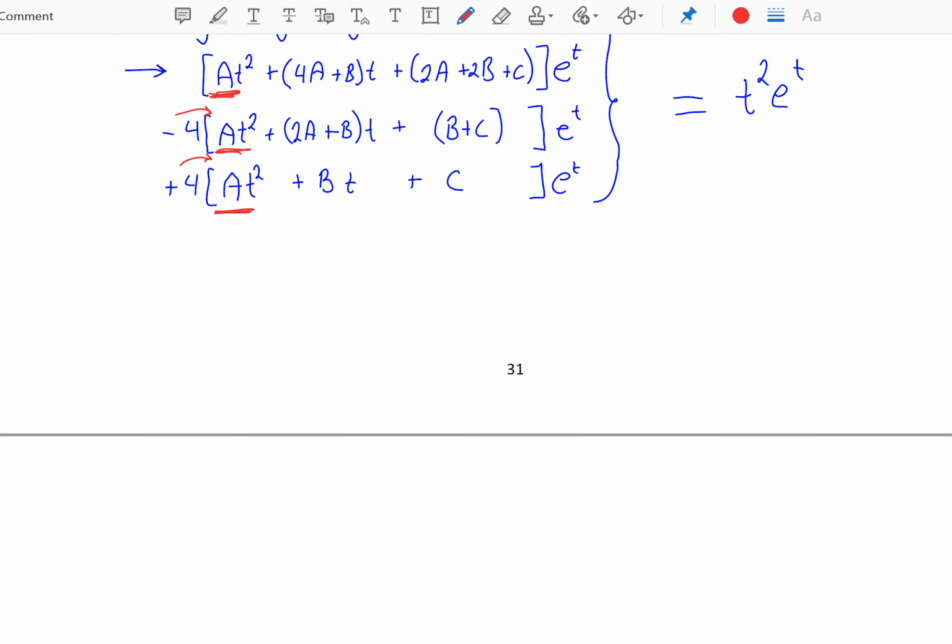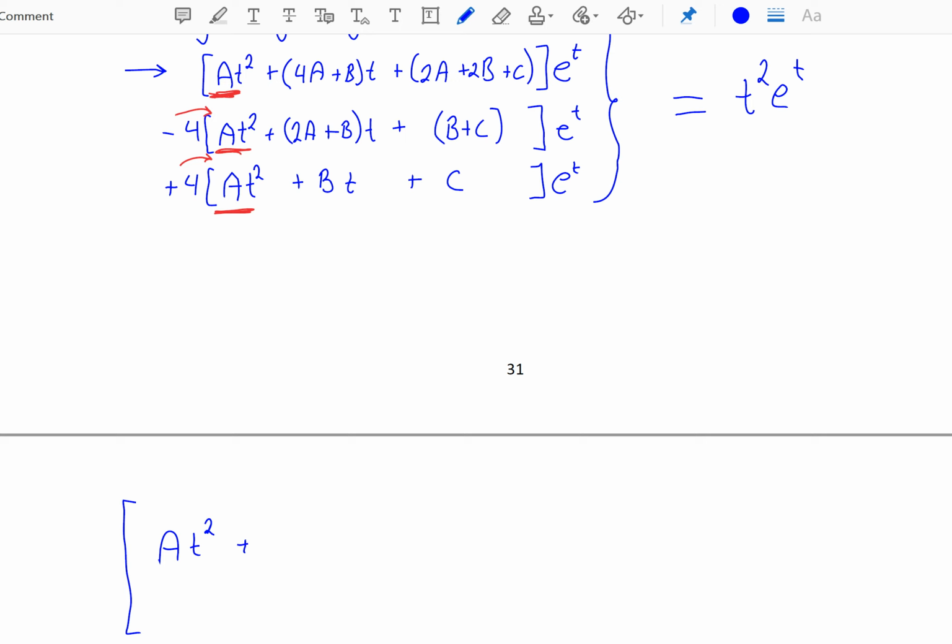So I think we just get, on the left-hand side, an at squared plus.